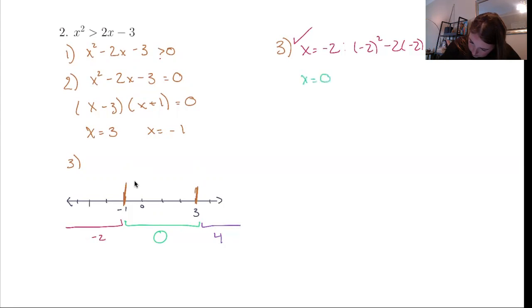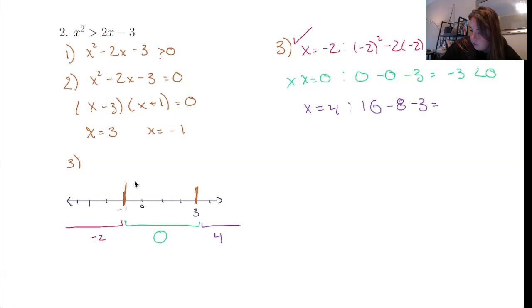When x equals 0, it's going to be 0 minus 0 minus 3, so -3, which is less than 0, which I don't want. And then x equal to 4 will give me 16 minus 8 minus 3, which is 8 minus 3. Oh, it gives me 5 again. And we also want something that is greater than 0.